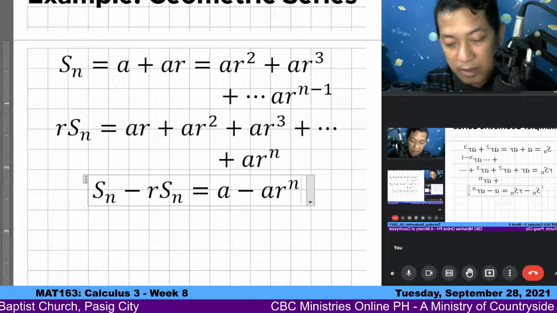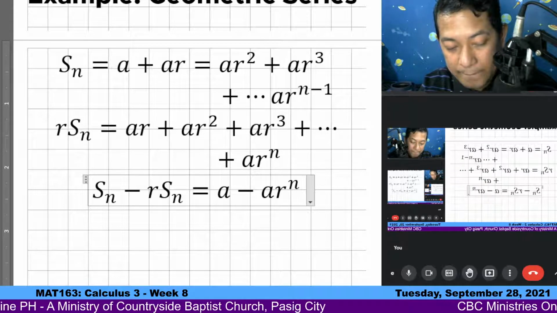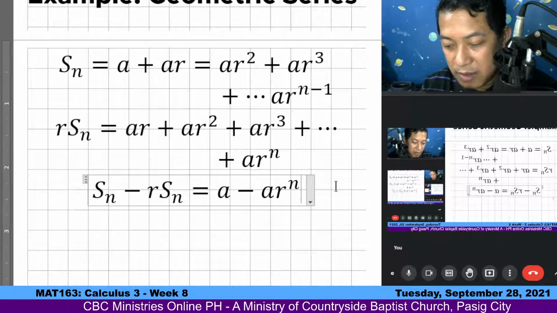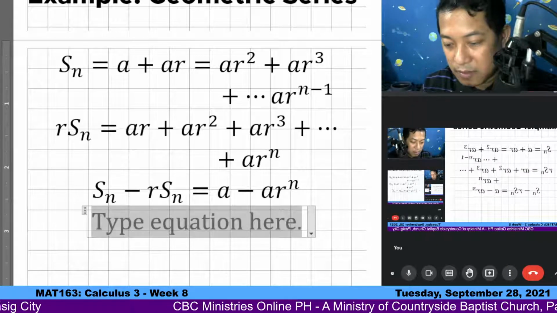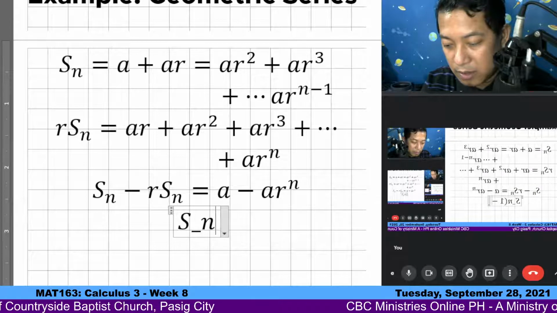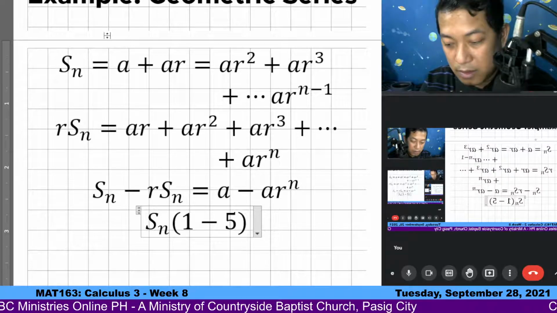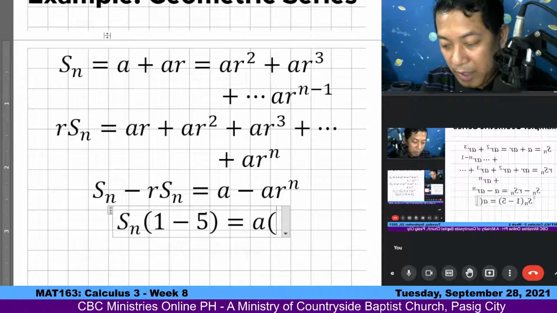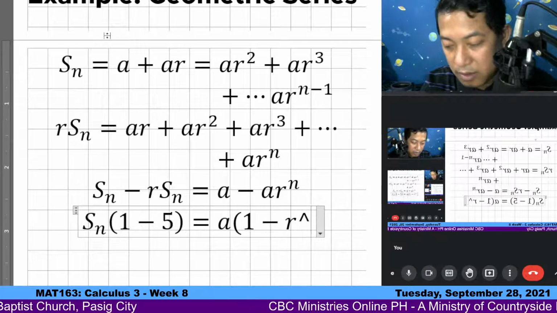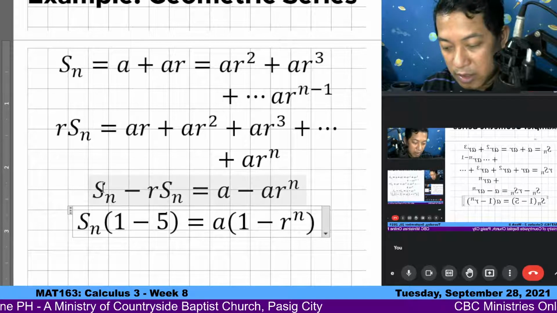Then we could solve by factoring S sub n: S sub n multiplied by 1 minus R is equal to A, factoring out A, times 1 minus R raised to n.